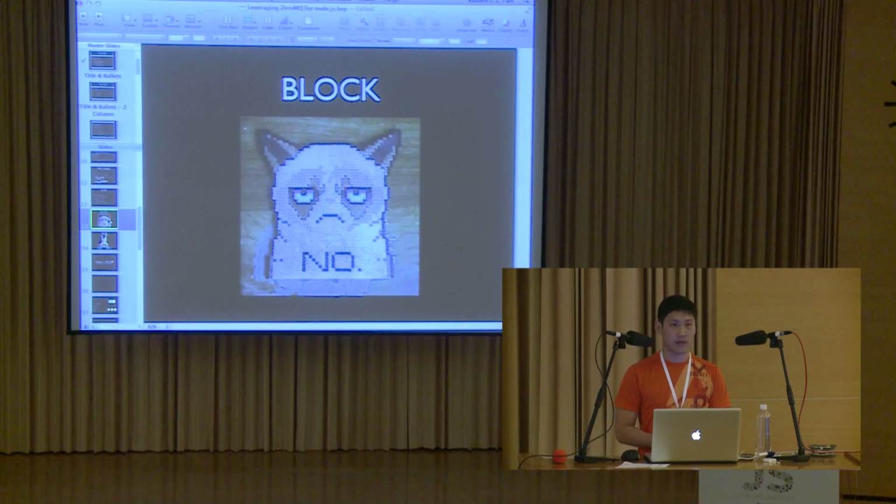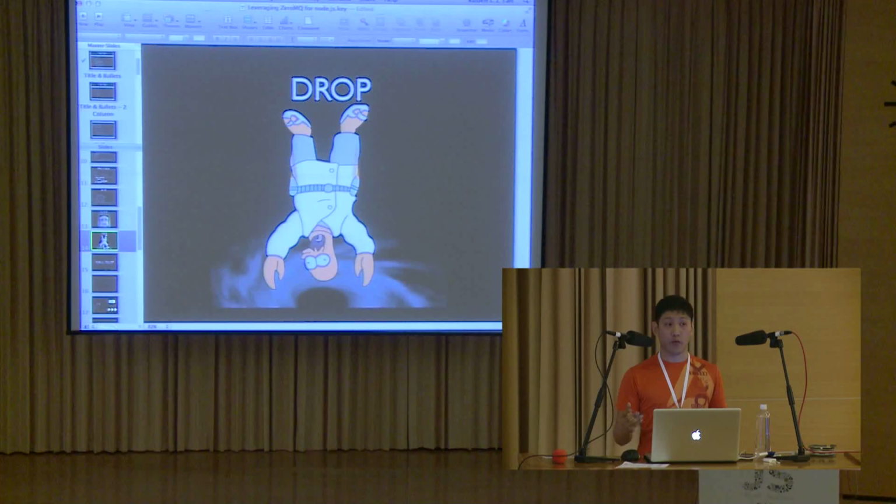It basically says that the message queue is full, do not send any more messages, and you start blocking the messages. They won't come in anymore. Drop means, unfortunately, your messages go into the black hole. You send messages in, nobody receives them, and they just disappear.